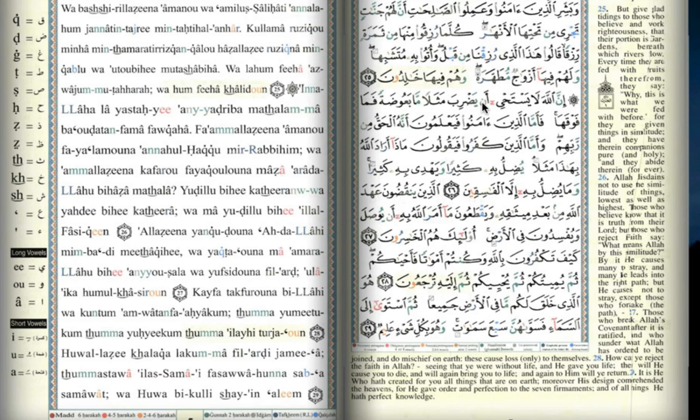Now, when one of those letters comes after Noon Sakinah or Tanween, what happens is you double up that letter and you get rid of the noon completely. So you swap the noon that's there for that next letter. And keep in mind, you don't do this when it's inside one word. There are a couple of words like bunyana in Surah Kahf.